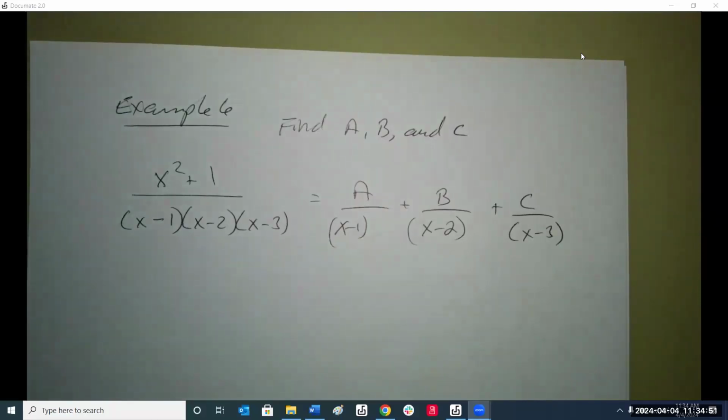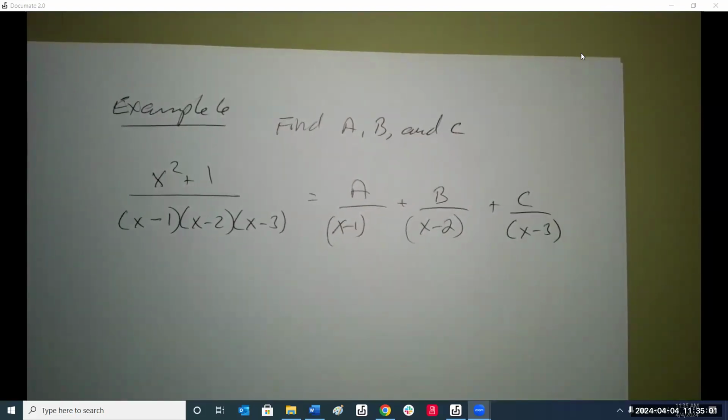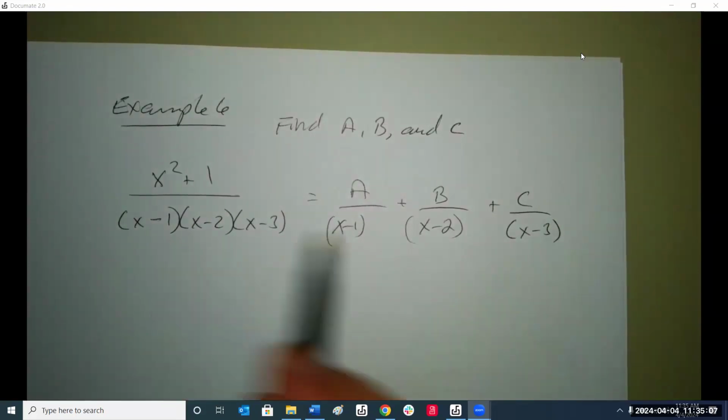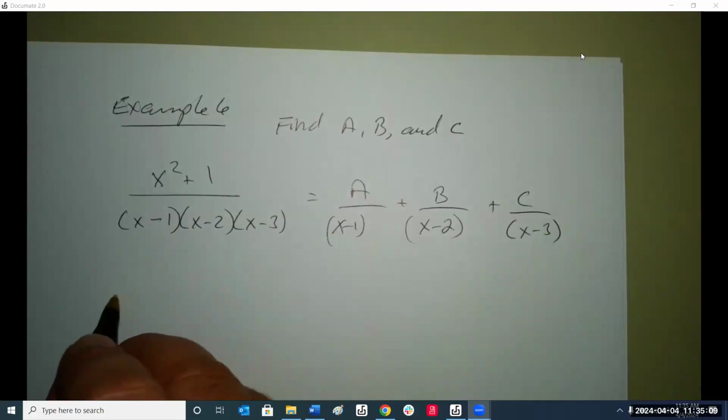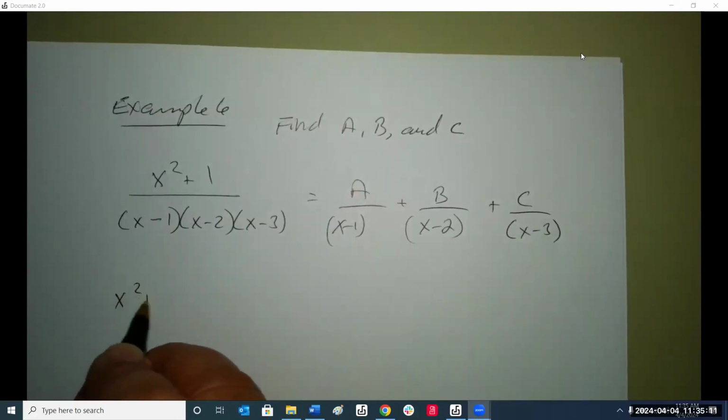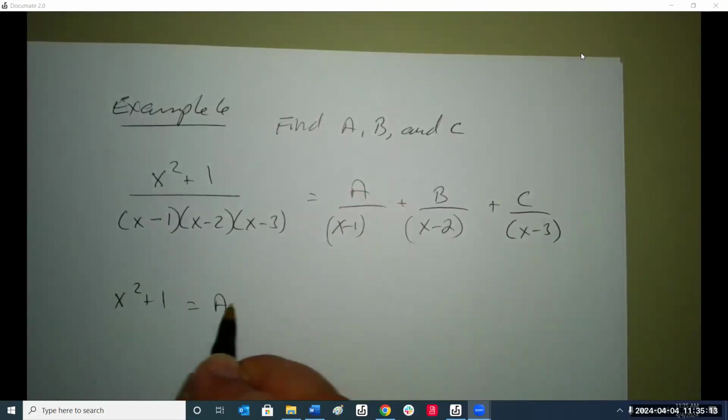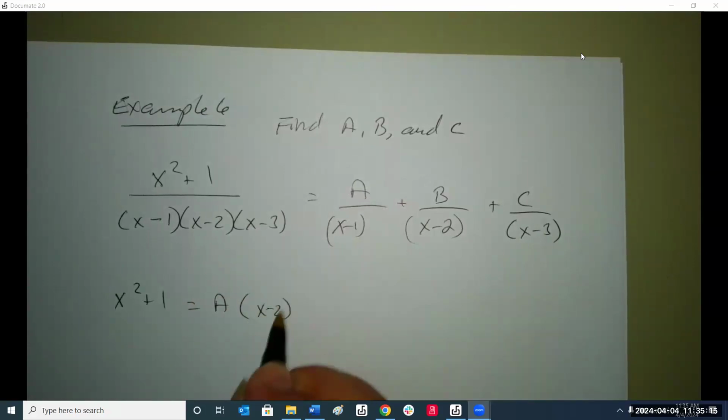All right. Let's first try like we've been doing. So multiply by the LCD, you get x squared plus 1 equals A(x minus 2)(x minus 3), B(x minus 1)(x minus 3), C(x minus 1)(x minus 2).